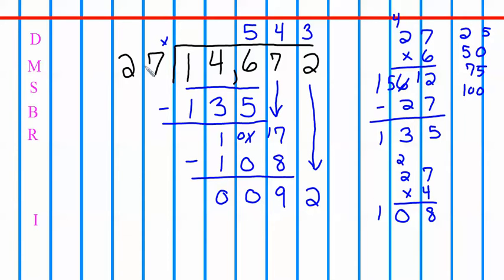Now, I'm going to have to do 27 times 3 for the next step. 3 times 7 is 21. 3 times 2 is 6, and 6 plus 2 is 8, which means 27 times 3 is 81. Again, we need to subtract 92 minus 81.